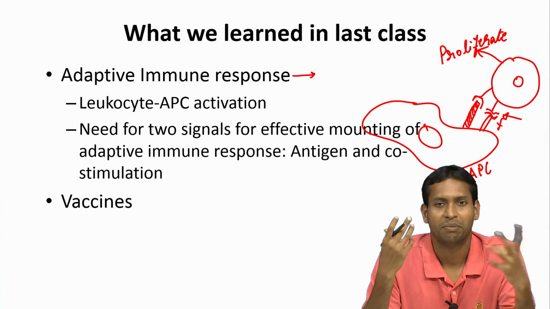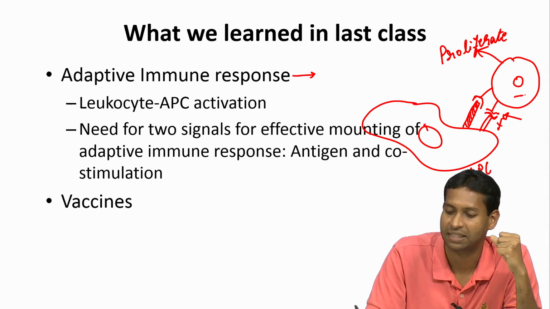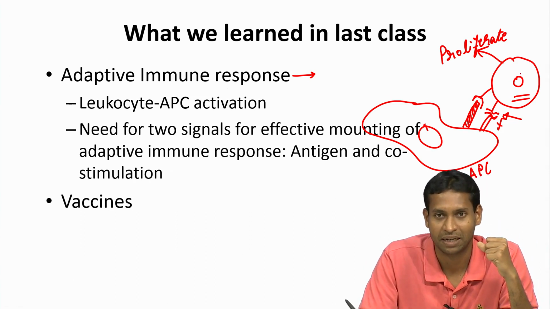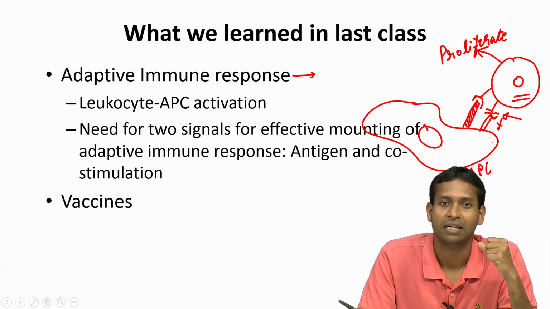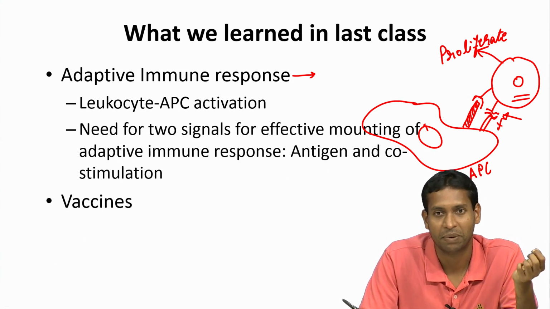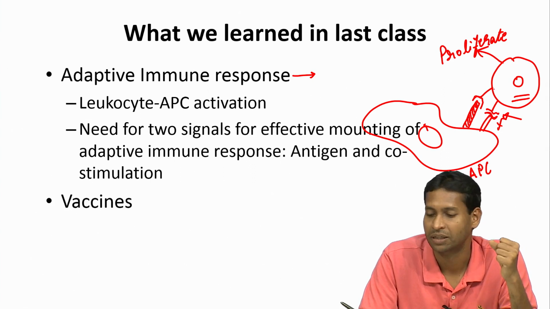So, it creates a memory bank of these effector cells, leukocytes and all, which can be called upon very quickly when required, so that when the threat actually arrives, the body is already prepared for it. It has clones of these cells ready to fight that particular pathogen or condition.